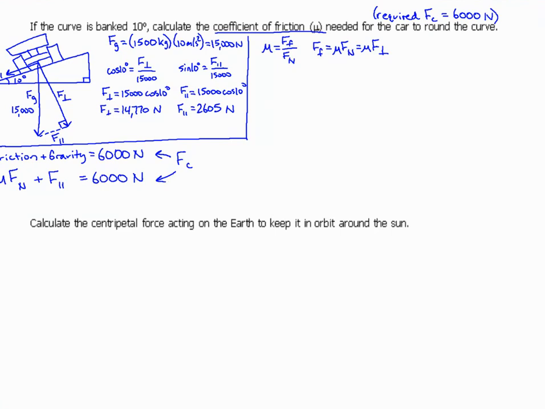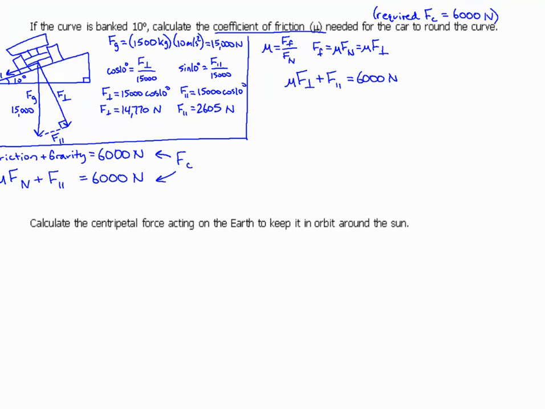You could really even erase this and say the force perpendicular. So we have this up here. We're looking at the coefficient of friction times the force perpendicular plus the force parallel needs to be equal to 6,000 newtons. And we're looking for the coefficient of friction.